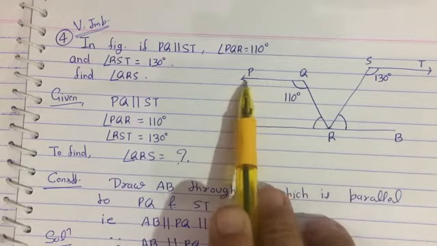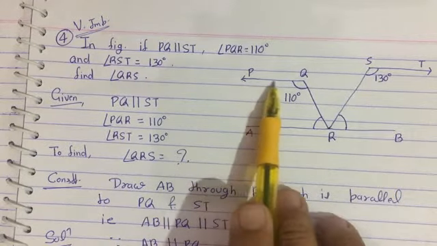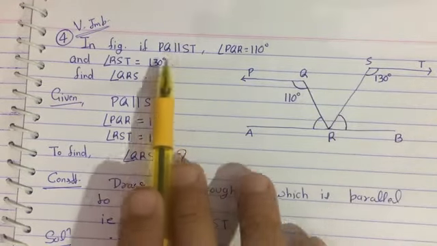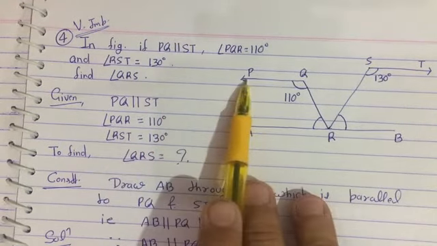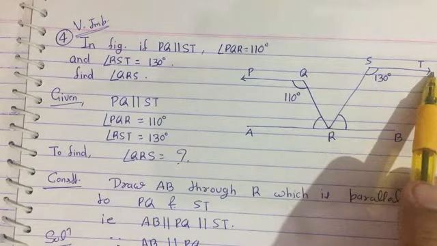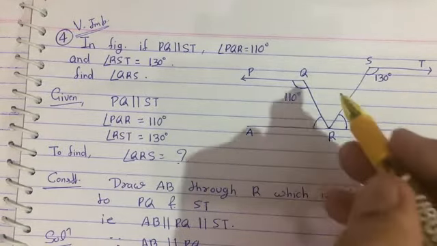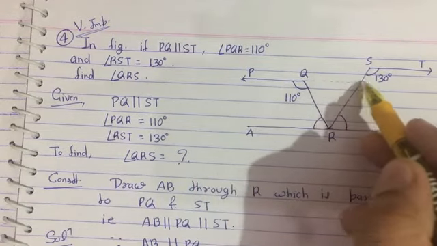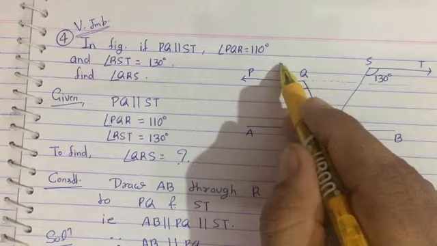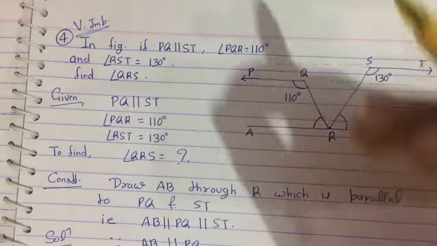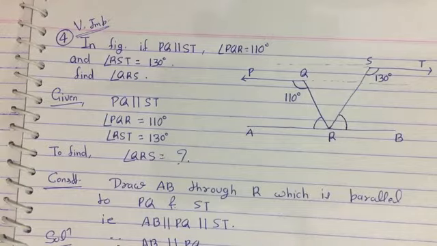This thing is given: this PQ, QR, RS and ST. First thing is PQ parallel to ST. By extending this you can see both are parallel like this.